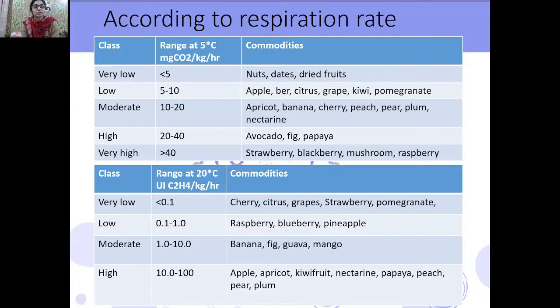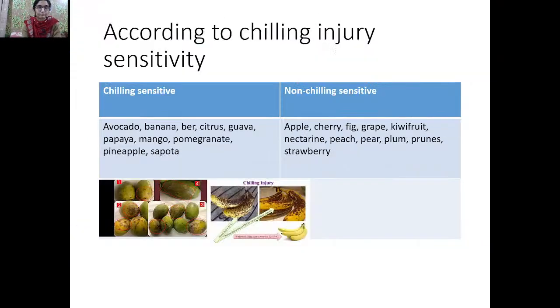Then another classification is according to the respiration rate. Low respiration rate includes your nuts, dates, etc., which is shown here. So all these things we have to memorize, questions definitely come on them. Then according to the chilling injury, or we can say the sensitivity to the low temperature, means which can be stored at the low temperature or which cannot be stored at the low temperature.